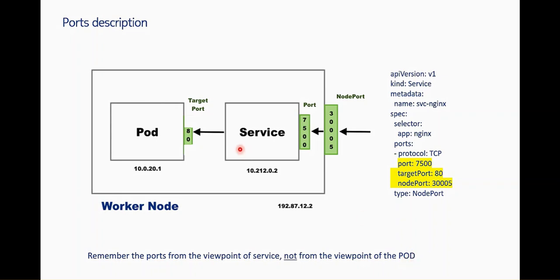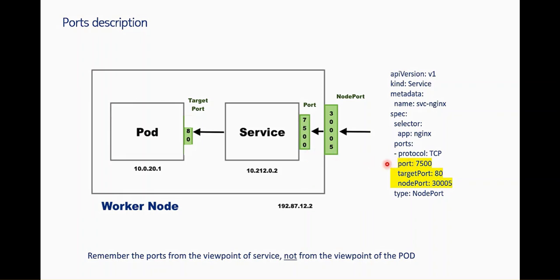Here, from the viewpoint of a service, this is a target port. Although it is a normal port for the pod, from the viewpoint of a service, this port 80 is a target port. That's why the target port is 80 here. And the service's own port address, which is 7500 here, is the port.